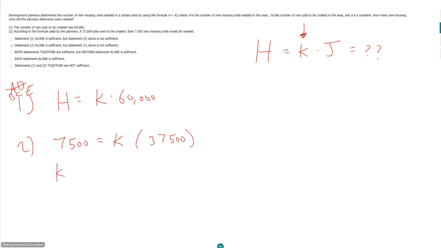And so K is equal to 7,500 over 37,500, which is 75 over 375. 375 should be divisible by 75. It's 75 times 5, so 1 over 5.